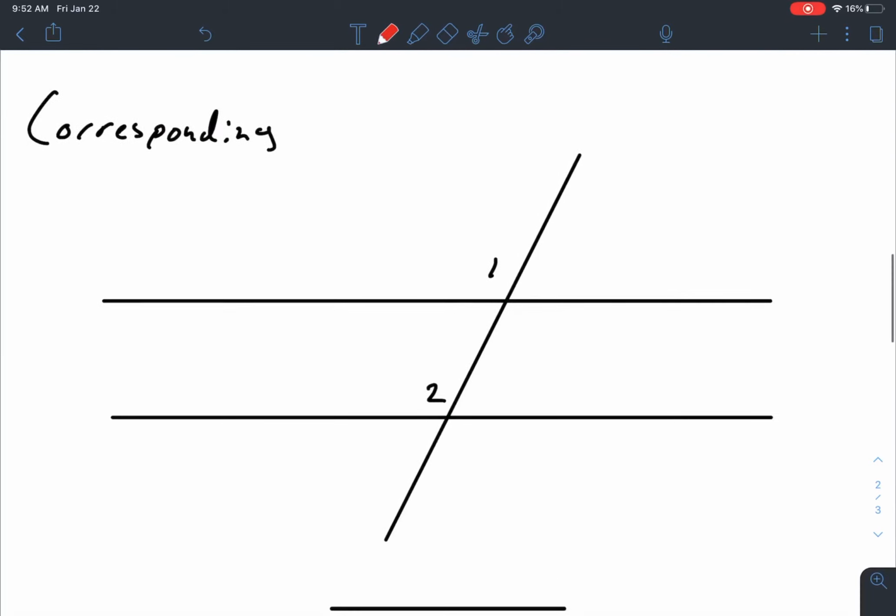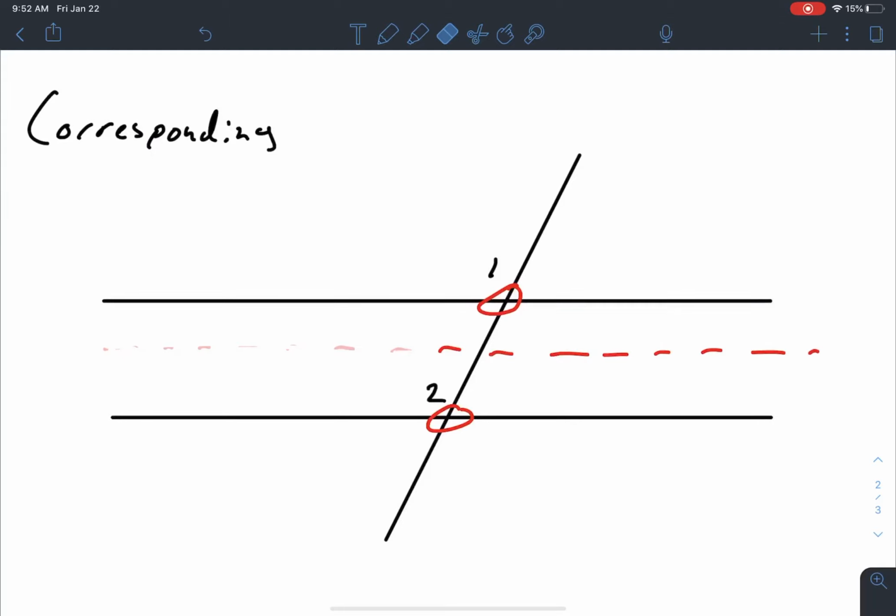Okay, the last one is corresponding. Let's say that I was going to draw a dotted line through here and separate these two intersections. So I have that intersection and that intersection. If I was going to separate them and lay them on top of each other, that would mean that this angle is the same as this angle. Let me see if I can demonstrate that really quickly.